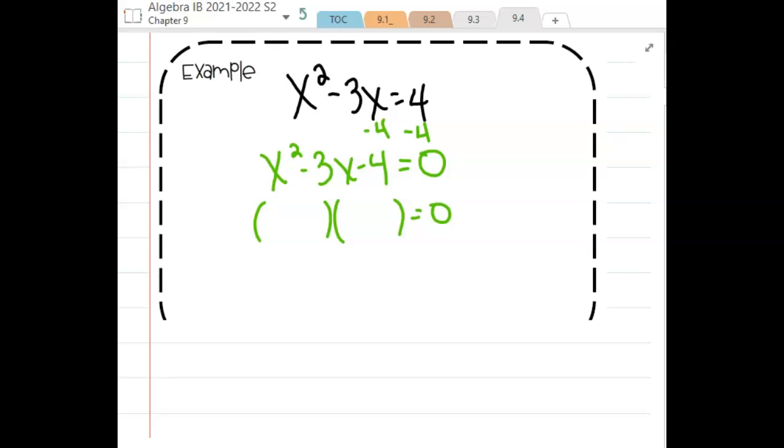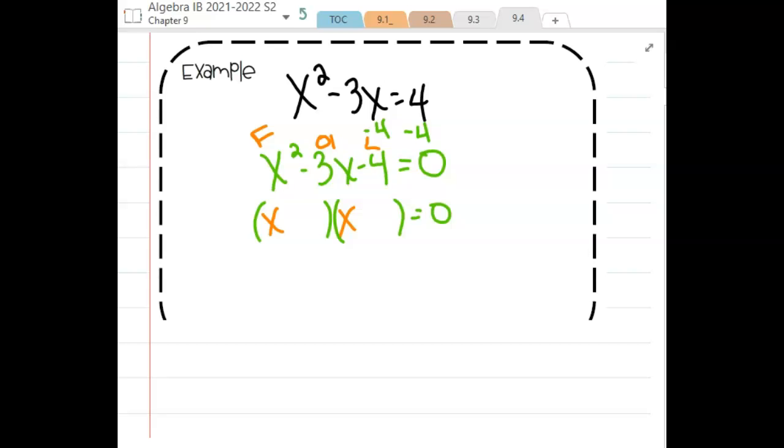So what we're trying to figure out here, if I were to FOIL this out, my F is the x squared. The O and I combine together to give me negative 3x, and the L is the negative 4. So start with the F. How do you get x squared? X times x.